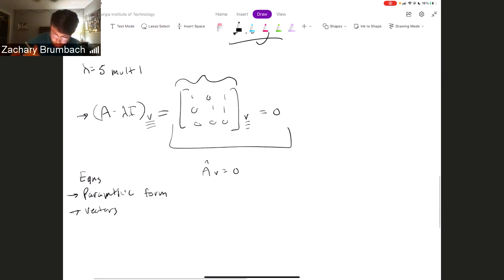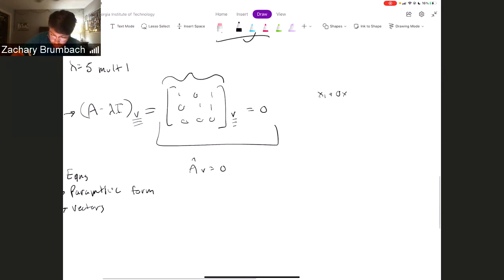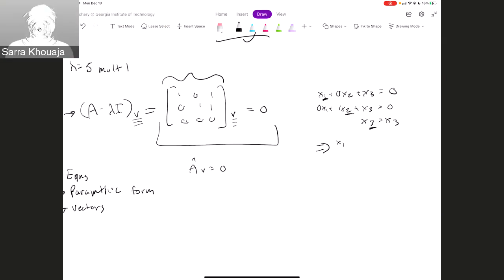So for this one here, we have x1 plus 0x2 plus x3 equals 0. We have 0x1 plus 1x2 plus x3 equals 0. And we have x3 equals x3. Okay, because x3 is a free variable, right? So from here, we rearrange it so that we solve for the lowest subscript, right? x1 equals minus x3, x2 equals minus x3, x3 equals x3, right?